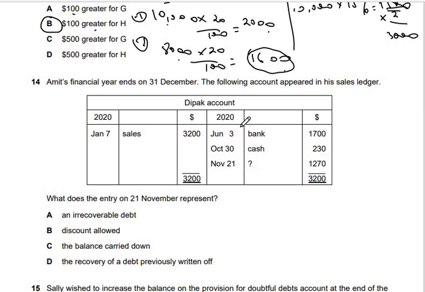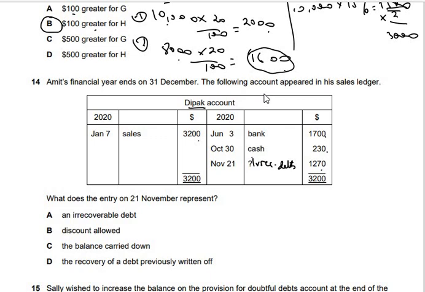Okay, this account, as you can see, we have sold goods to Deepak. Sold goods for 3,200. He paid 1,700, and then he paid 230, and there was a balance of 1,270, and we are not shown that there is a balance carried down and balance brought down, which means what we did is definitely we have written him off and we have transferred this balance in a recoverable debt.